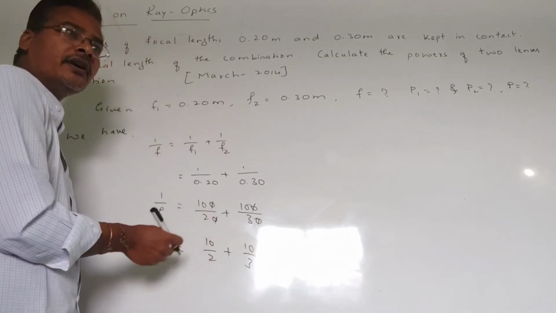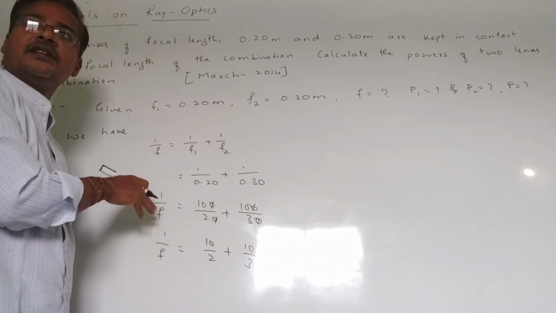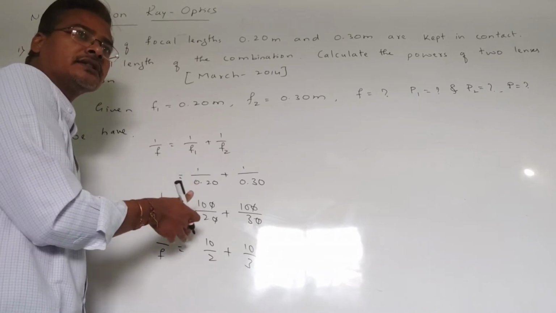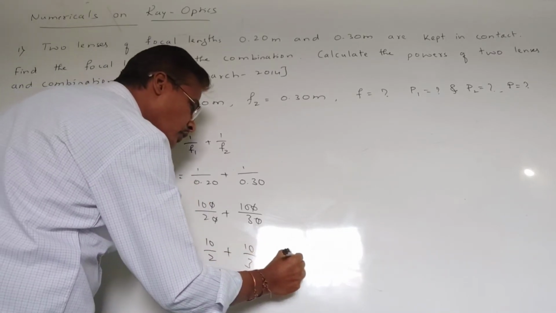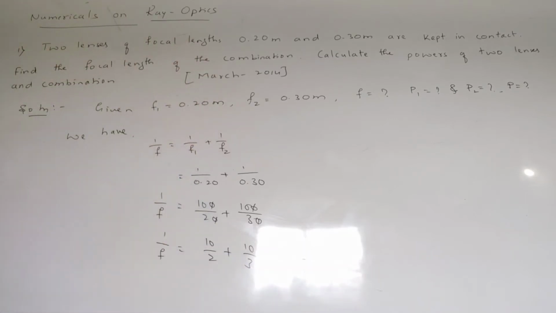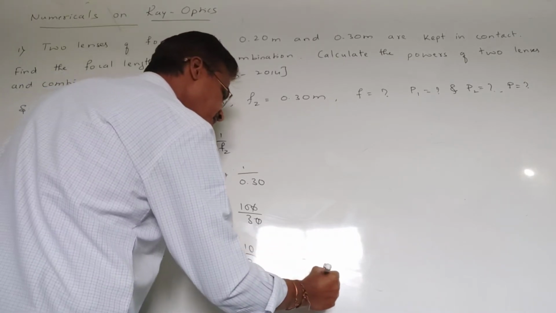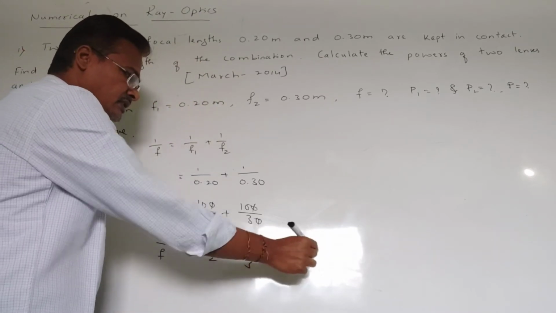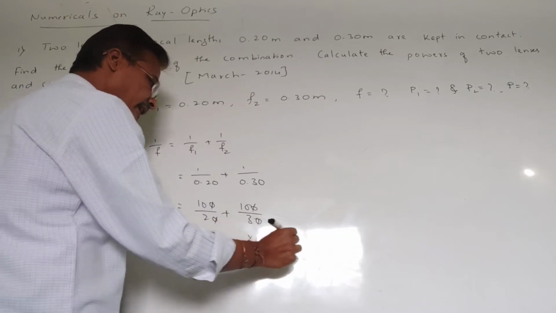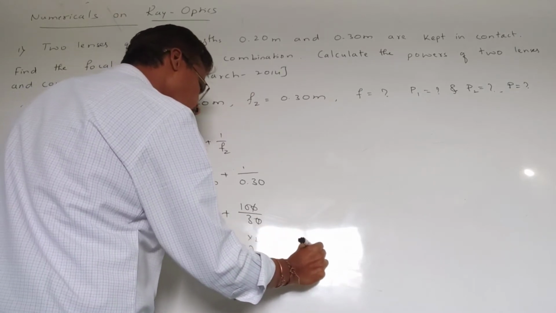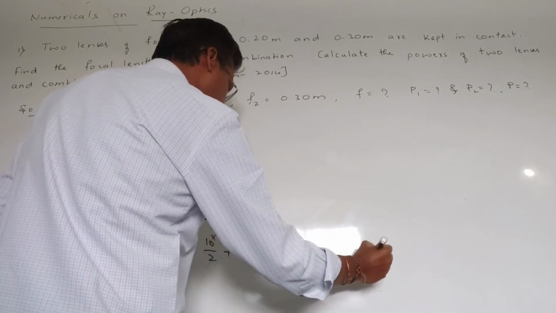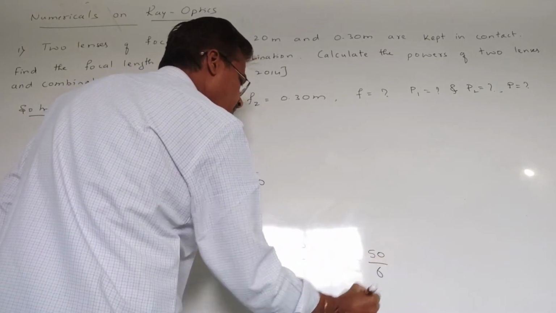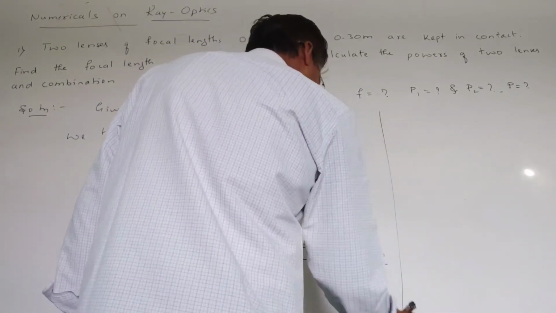The LCM of 2 and 3 is 6. 6 by 2 is 3, and 6 by 3 is 2. So 10 into 3 is 30, plus 20, that is 50 by 6.